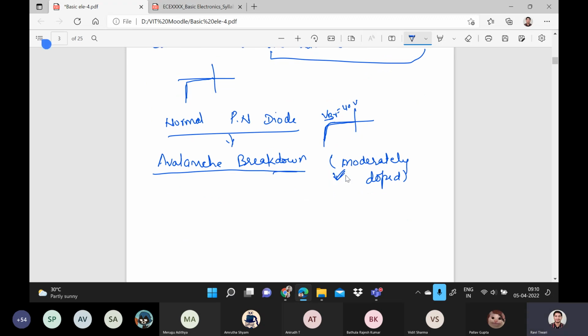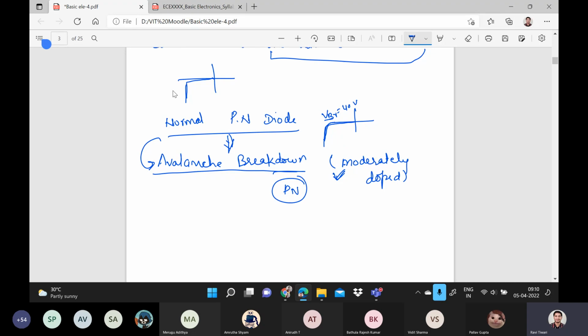If it is happening in a normal PN junction diode, the phenomenon is called avalanche breakdown, and if it is happening in the Zener diode, it's called Zener breakdown. So this is the basic difference. Avalanche breakdown occurs when your PN junction is lightly or moderately doped, and Zener breakdown happens when your diode is highly doped.